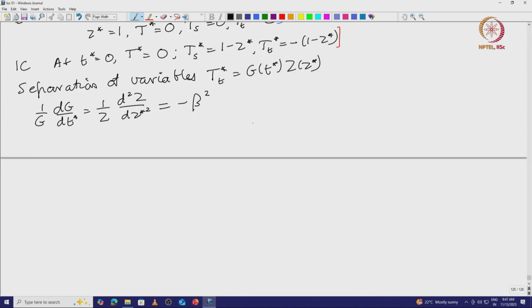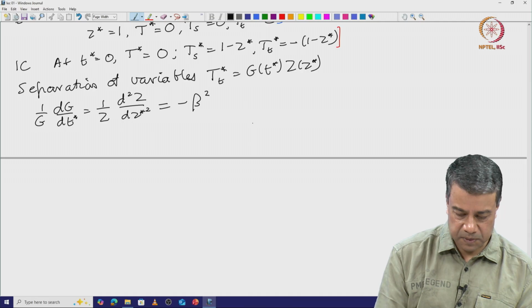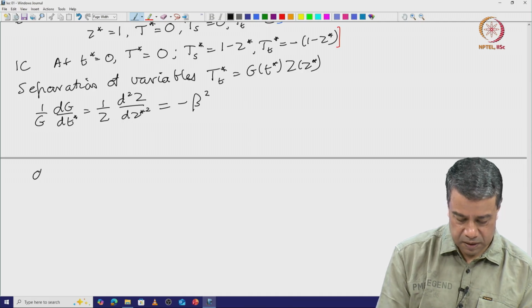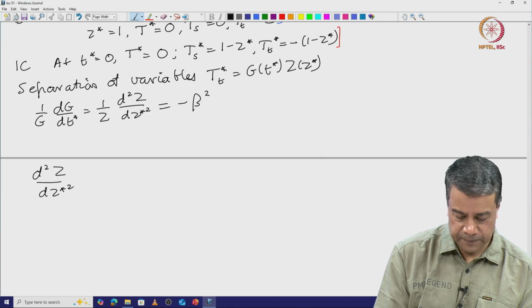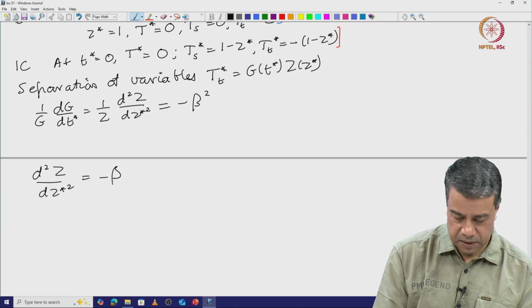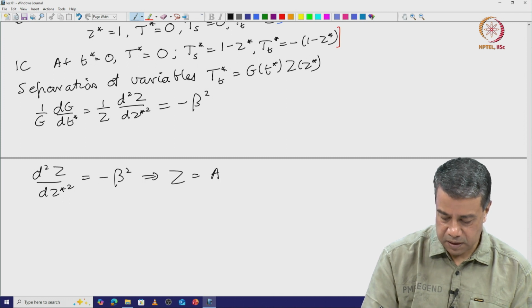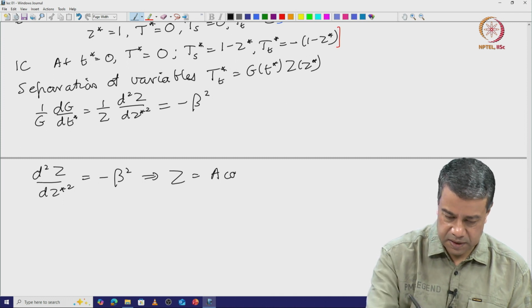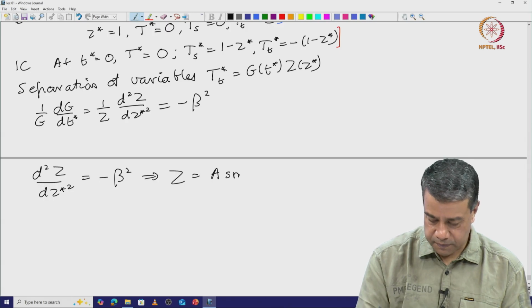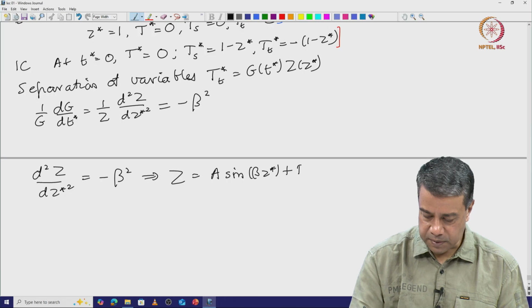Then I solved for the spatial part: 1 by Z d square Z by dz star square is equal to minus beta square, which implies that Z is equal to a sine of beta z star plus b cos of beta z star.